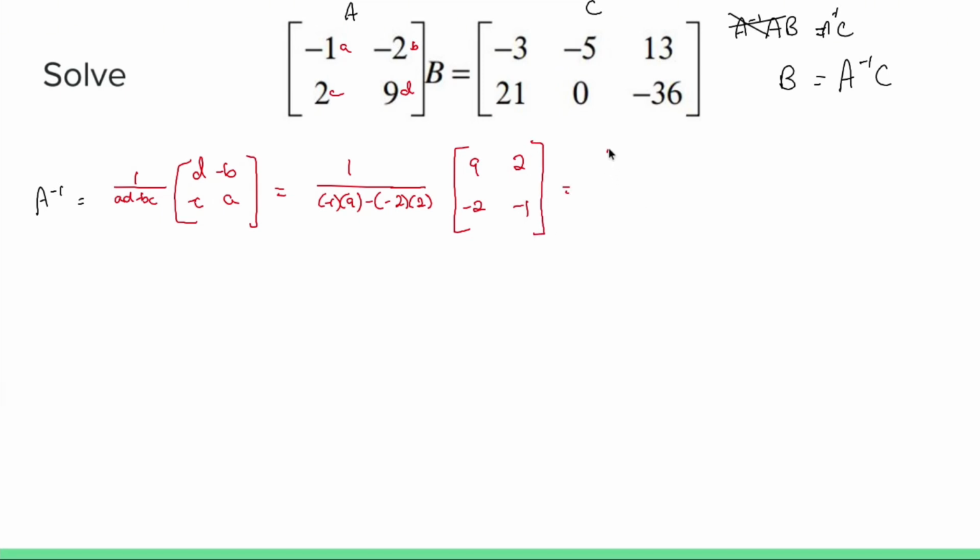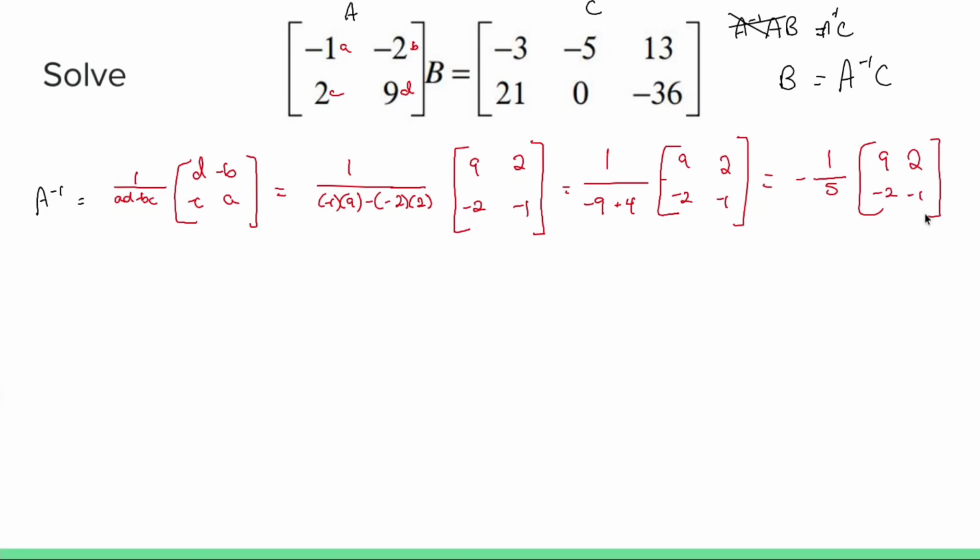All right, so 1 over negative 9 plus 4, actually this won't be so bad because it'll make it negative 5. So that's going to be negative 1/5 times the matrix 9, 2, negative 2, negative 1. And so when all is said and done, A inverse is going to be negative 1/5 times all of that.